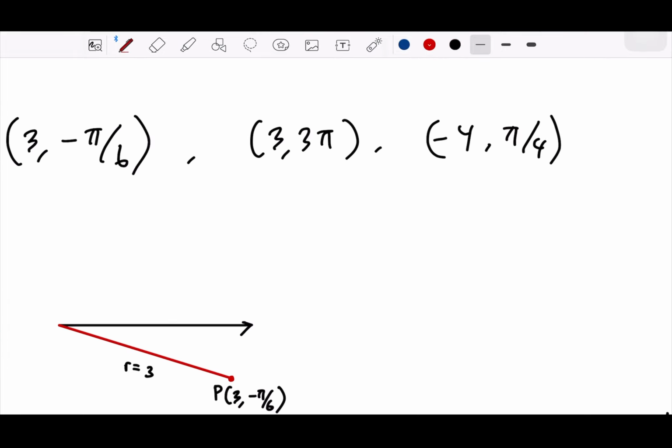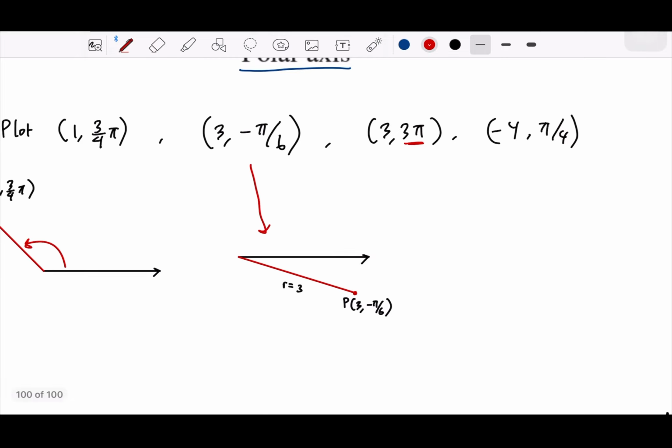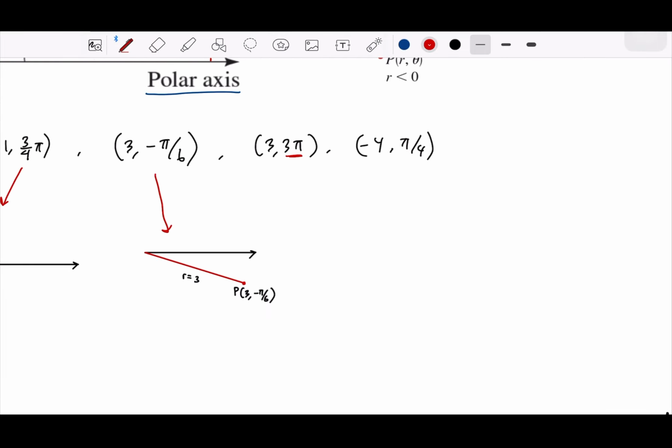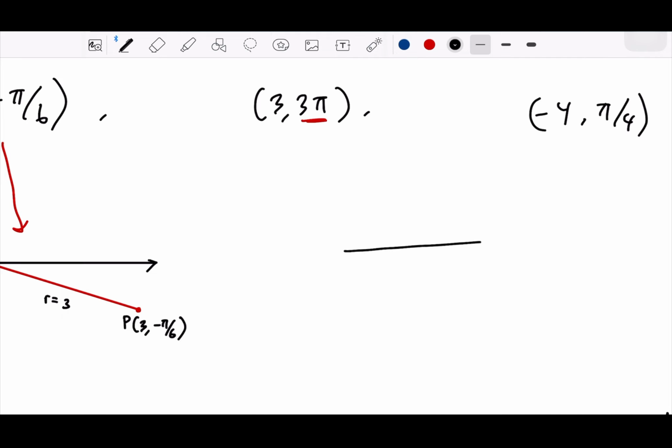And what happens if it's 3 pi? It's greater than 2 pi, which is the full circle. So 3 pi means, let me take this polar axis, and imagine that 2 pi starts from the polar axis.